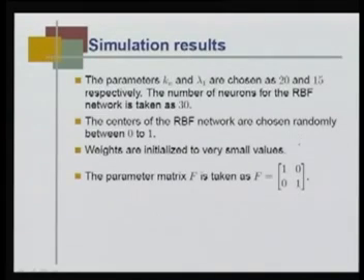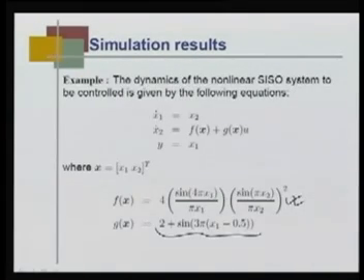You see what we are trying to do here: f x is a function of x 1 and x 2, and g x is a function of only x 1. So, my radial basis function network has two inputs, x 1 and x 2, because I do not know what g x is.